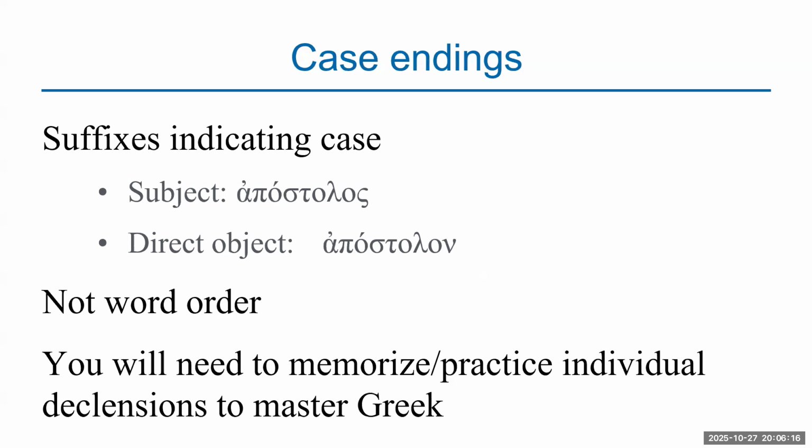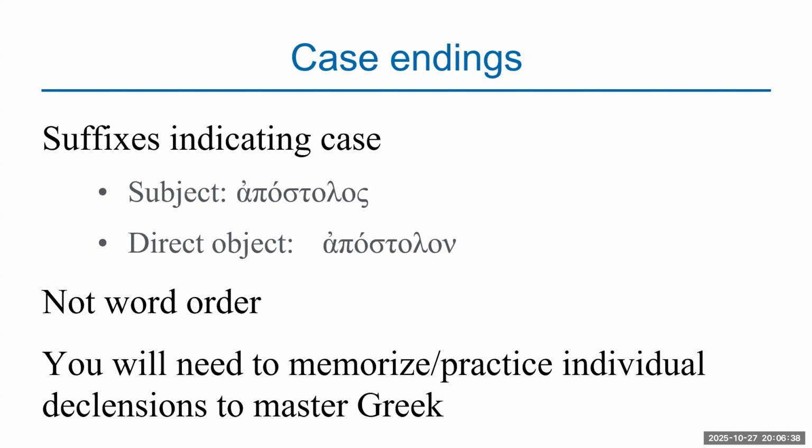So, for instance, if you see here the word apostolos, you're going to learn in a few minutes that when you see the word apostolos in a sentence, that's most likely, in almost all cases, the subject of a sentence.